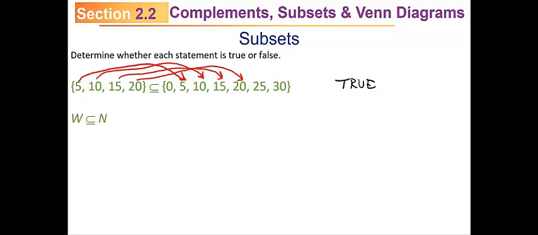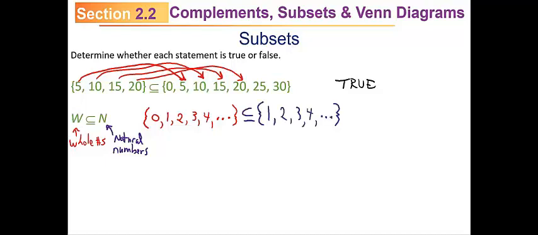How about this? W is a subset of N. Remember, W, the capital W, is the symbol for whole numbers. The whole numbers are the counting numbers with 0 thrown in. So it's the set containing 0, 1, 2, 3, 4, and on in that pattern. The natural numbers is the letter N. The natural numbers are the counting numbers.